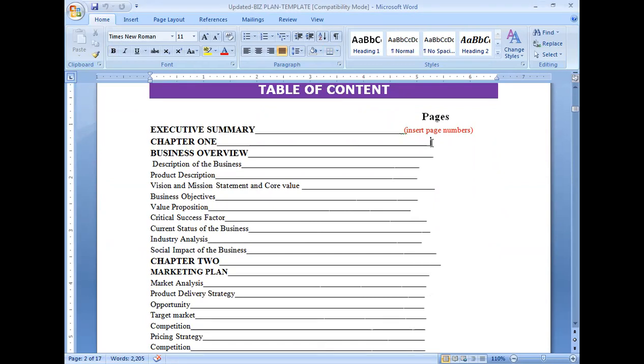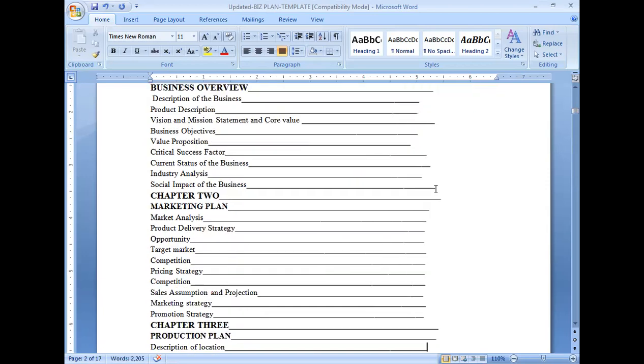For example, if the business overview is page 5, you add 5, then the next one could be page 6 or 7. So this is how you work on your table of contents. The essence of this is that whoever is reviewing your business plan will find it easy to locate the particular page that he or she is really interested in seeing.